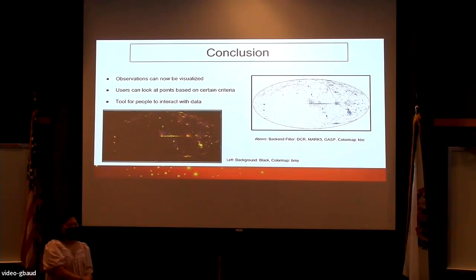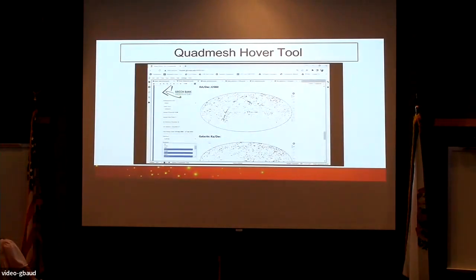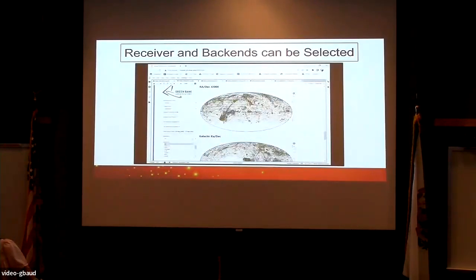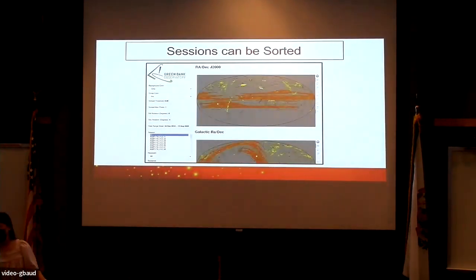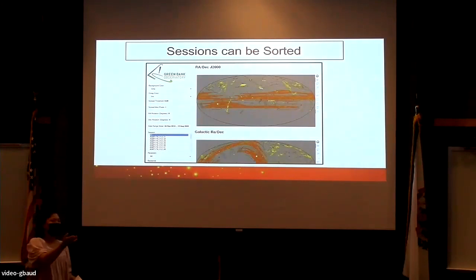Somewhere I can see some GBT file names from one of your slides. It's probably the table. Oh, go forward one time. Right there, the session. Sessions. Yeah, I was able to pull that from the FITS file, but I didn't visualize it per se.